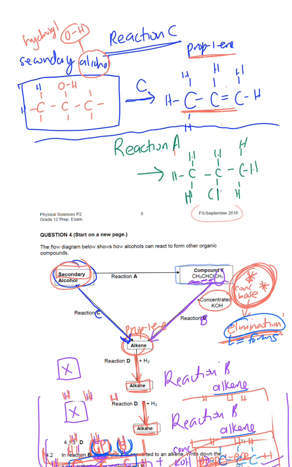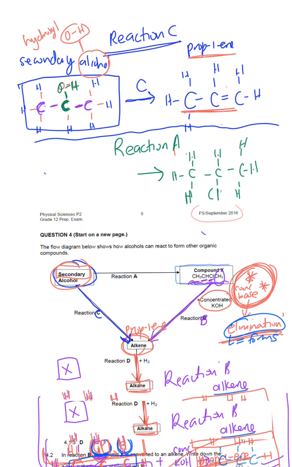From our definition of secondary alcohol, a secondary alcohol is an alcohol in which the carbon which is attached to the OH group, so here's that carbon, is attached directly to 2 other carbons. So you can see on the right hand side there's a carbon, and on the left hand side there's a carbon.